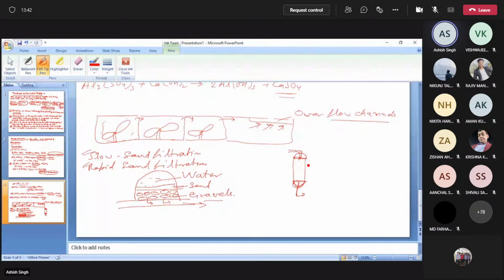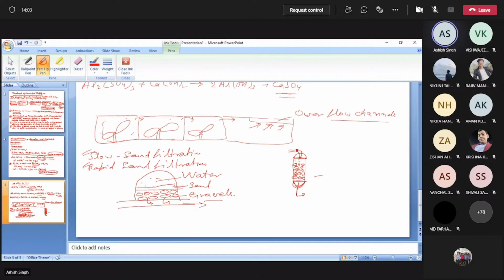In this one, the sand is filled up and kept in this cylinder, and the size of the sand increases toward the lower bottom.